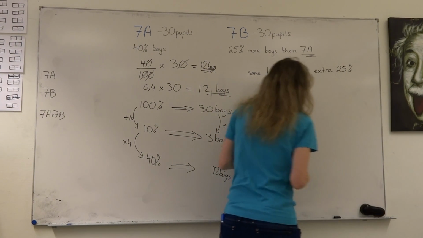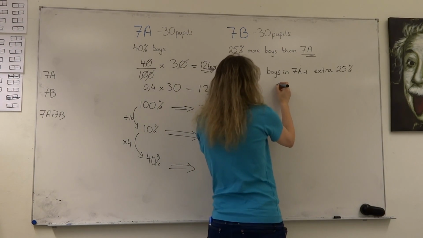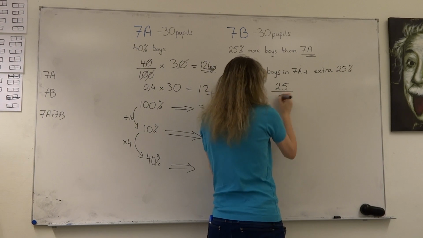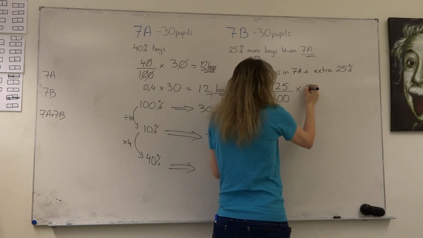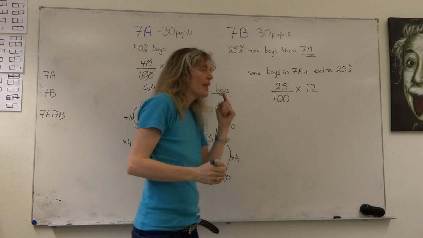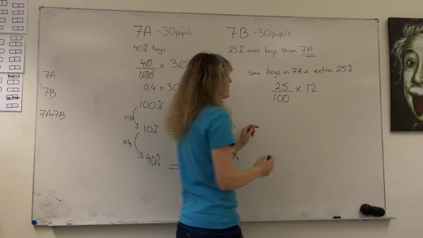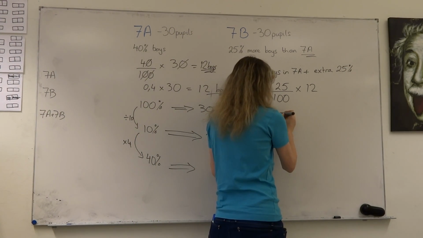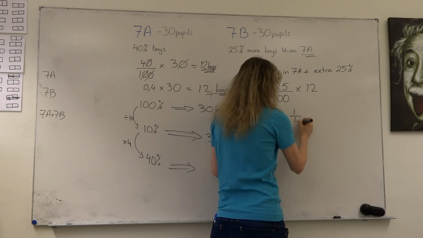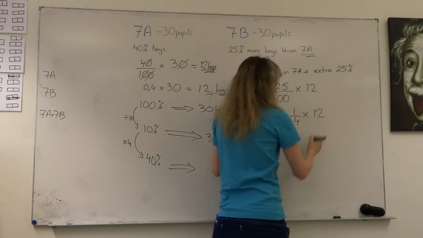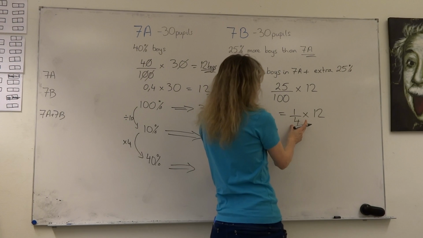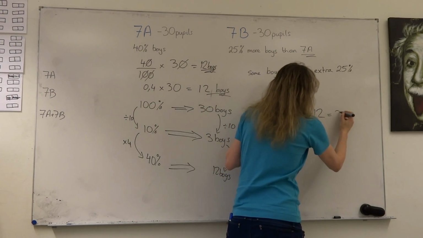We can add them separately as well. We can work out what is 25% of 12. That's quite easy now because 25% we know is a quarter. So it's the same as a quarter of 12 boys. That's 12 divided by 4, which is 3 boys.